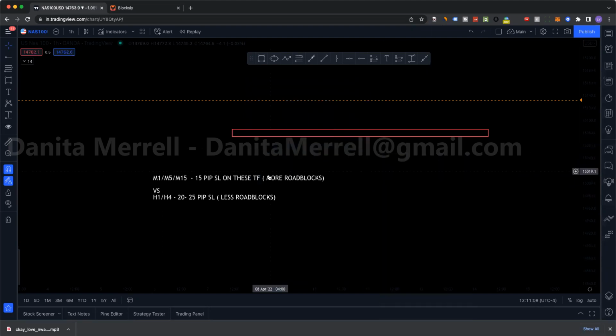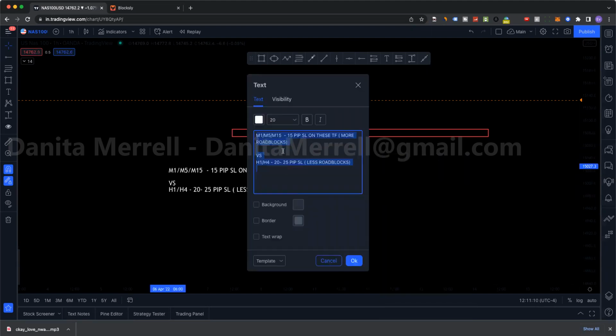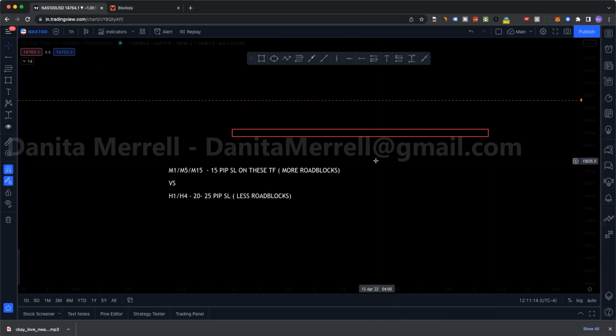So depending on your mental capital, which is important when it comes to trading, do you want to sit here on M1, M5, M15 and monitor M5 roadblocks, M15 roadblocks, H1 zones, and then monitoring the H1 zone and having to drop back down to here? Or would you rather monitor H1, H4? Okay, what makes more sense to you, right?